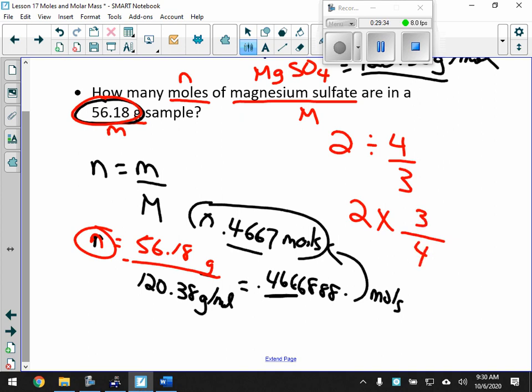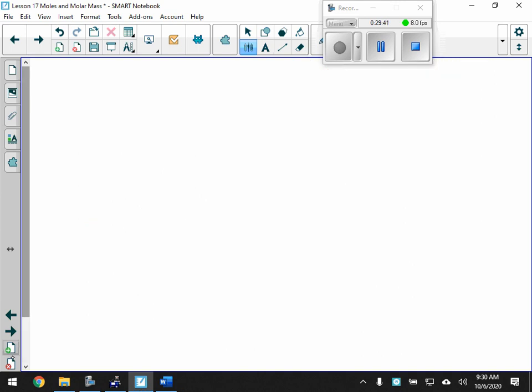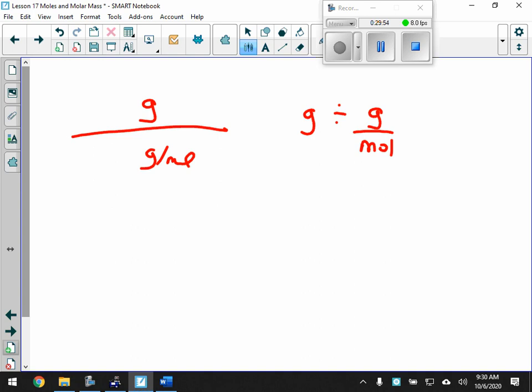I flip that over, yeah? Okay. That's what's happening with this fraction here. So if we take grams and we divide it by grams per mole, what do I do? I multiply by the reciprocal. I flip it over, yes?